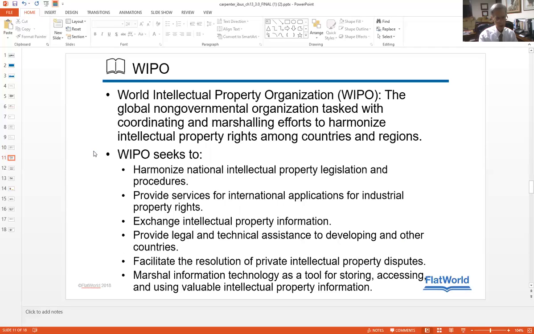The World Intellectual Property Organization is a large organization that tries to coordinate and, as the slide says, harmonize intellectual property rights among countries and regions, regional organizations such as NAFTA or its successor, or Mercosur, or the CIS, or whoever. But it is still difficult to do.